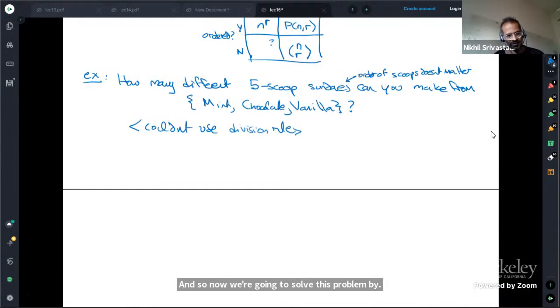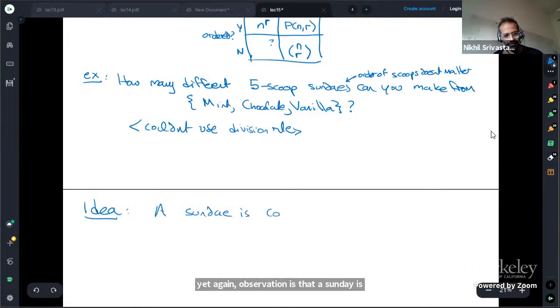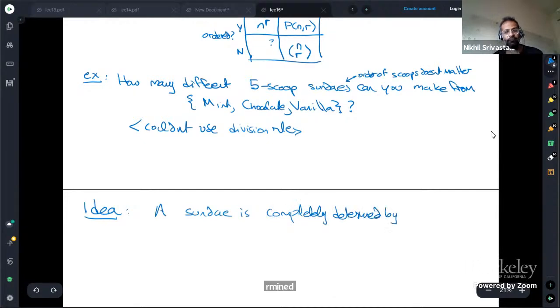Here's the idea. The key observation is that a sundae is completely determined by the number of scoops of each flavor.